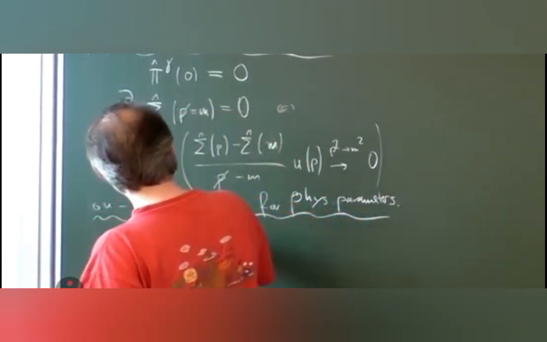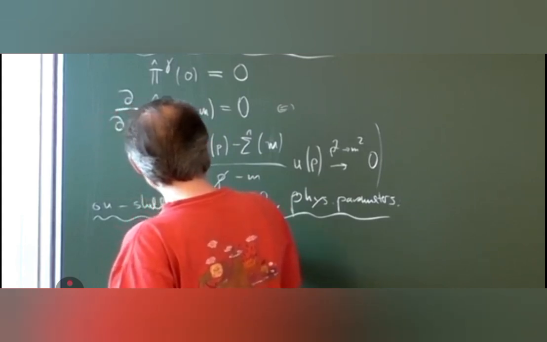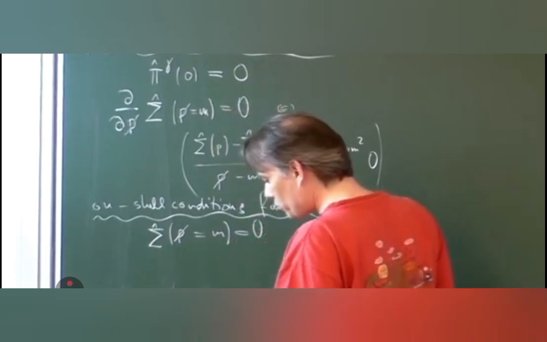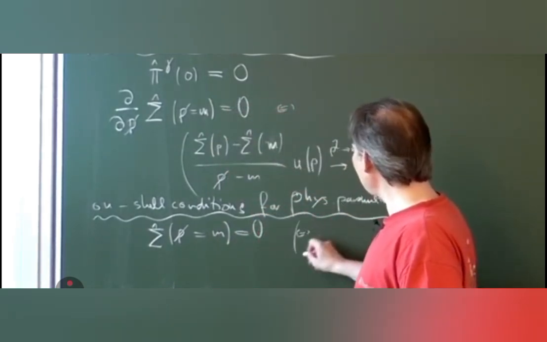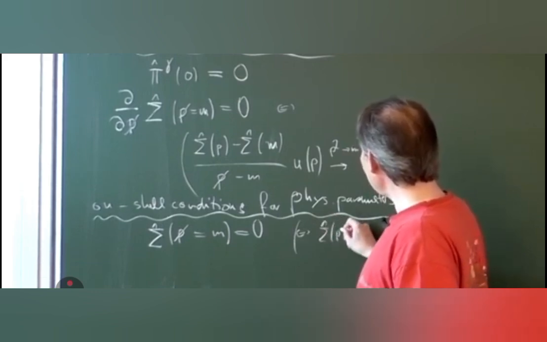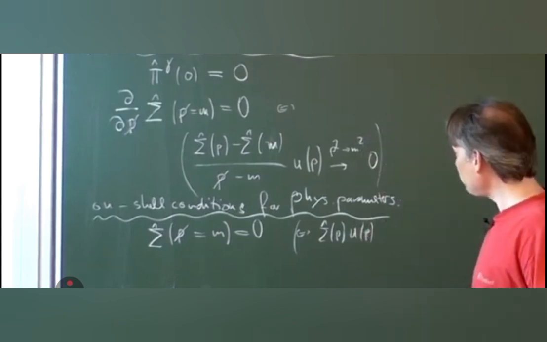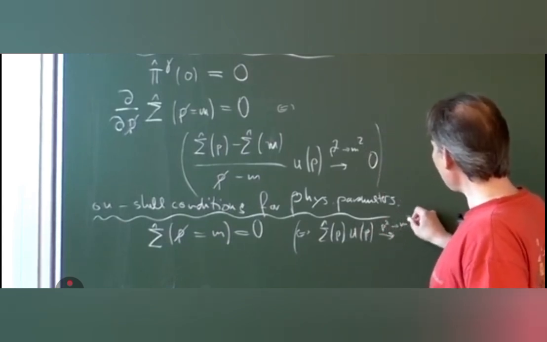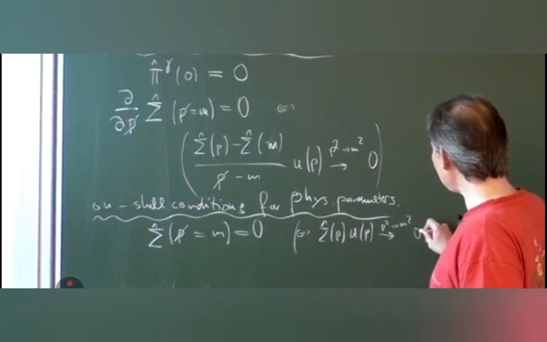So there is now sigma hat of p slash equal to m equal 0, and in the same sense this would be equivalent to the relationship that sigma hat of p applied onto a spinor u of p in the limit where p square goes to m square goes to 0.